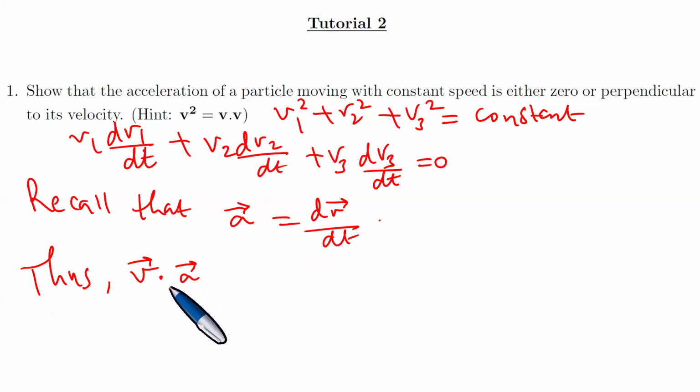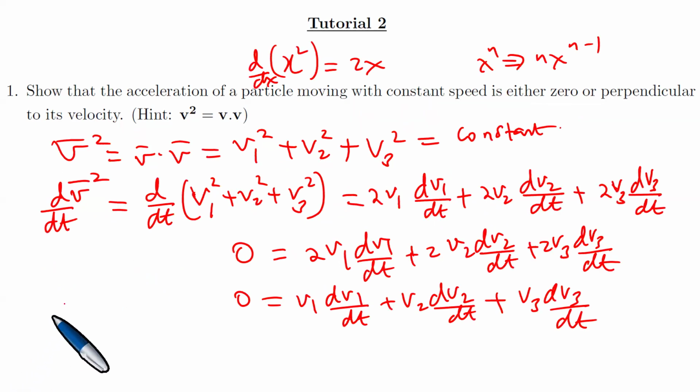If ever we are sure that the acceleration is dv dt, because what we have here equals 0, but simultaneously we know that dv squared dt can be seen as 2 v dv dt.